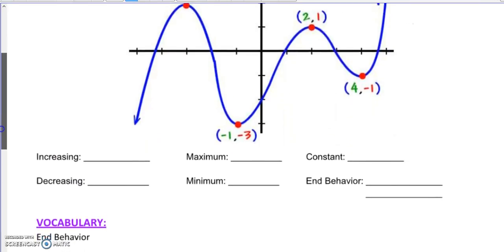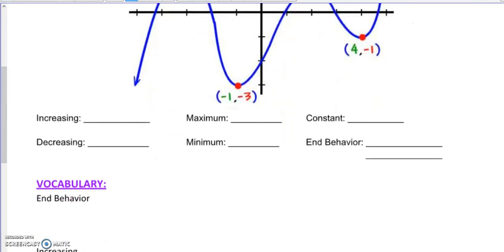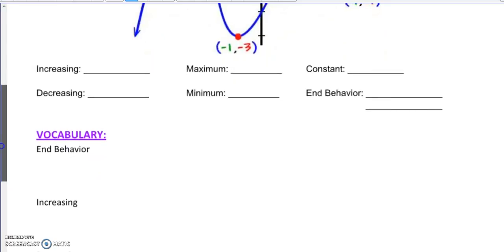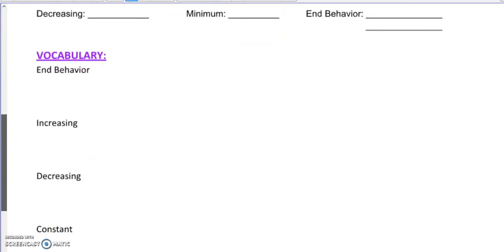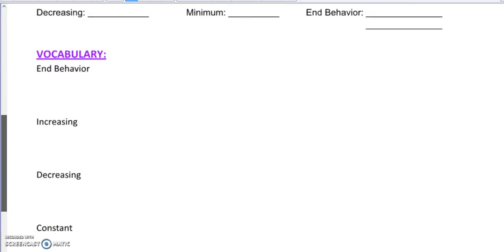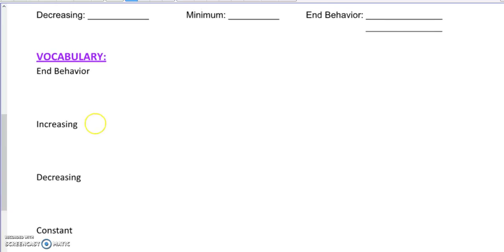First couple things here, and I might do these out of order. You can talk about when the graph is increasing or decreasing. Like you might guess, increasing means going up. When is your graph going up? Decreasing means going down.